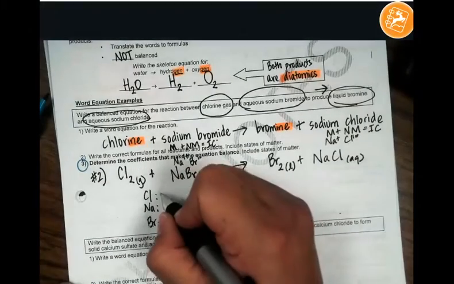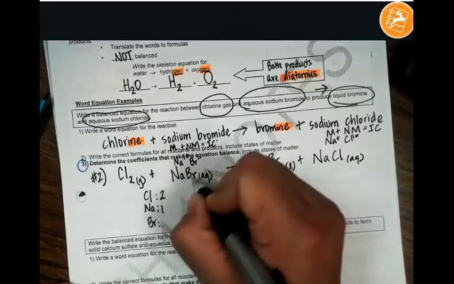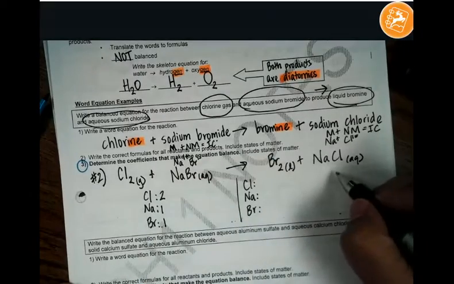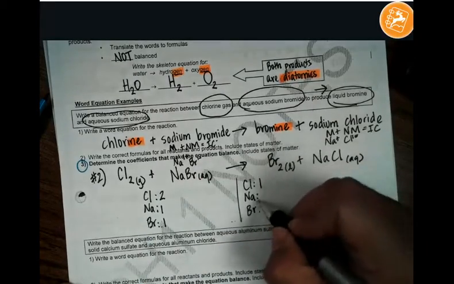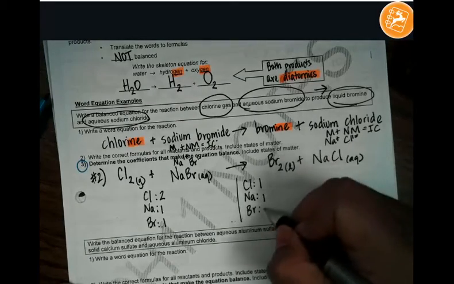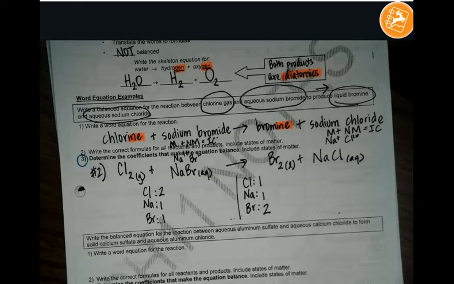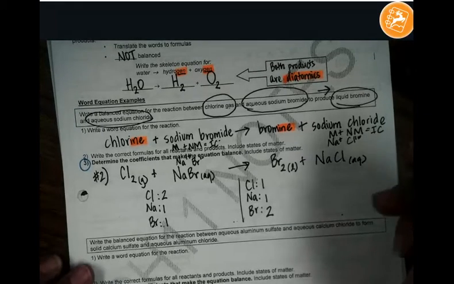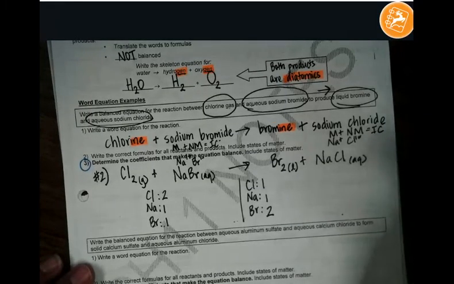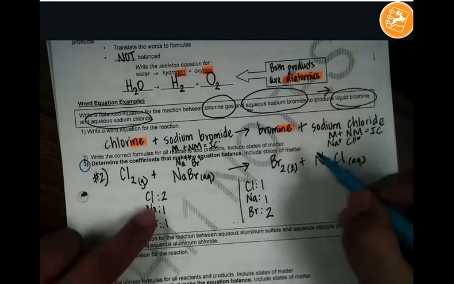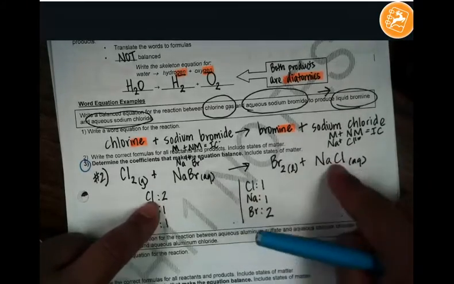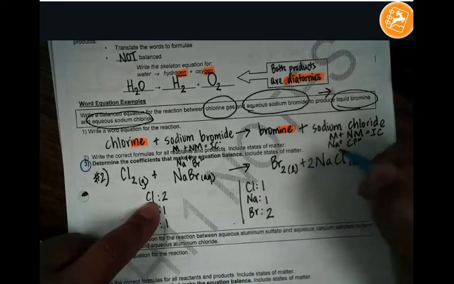Here I have Cl is 2, Na is 1, Br is 1. Over here, Cl is 1, Na is 1, Br is 2. So I want to balance, right? There's no H's and O's in here, so I can start with anything. I'm going to start with the Cl. There's 2 here, 1 here, so I'm going to put a 2 here.